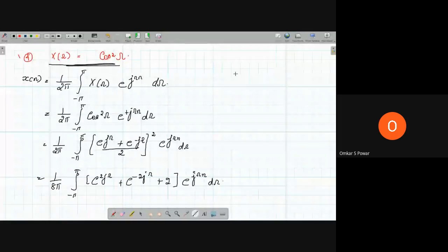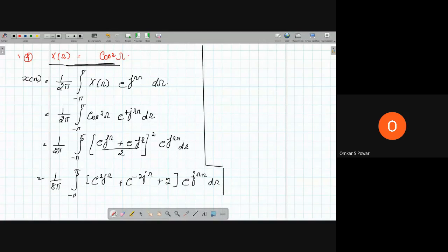All right. Let me solve it here so that it will be easy for you to refer again. 1 by 8 pi. How can I simplify this one?